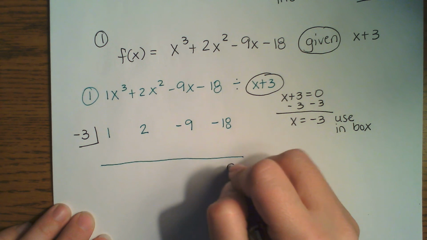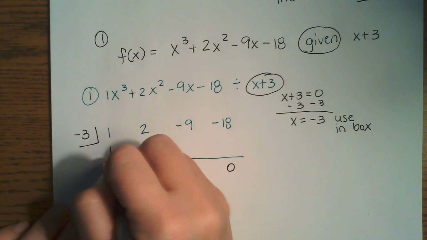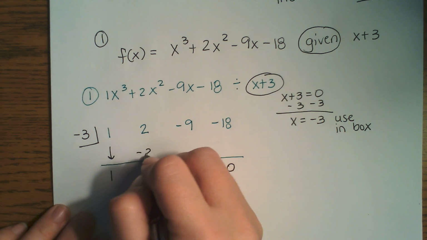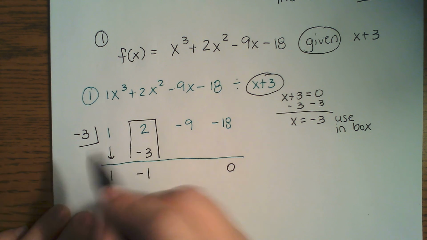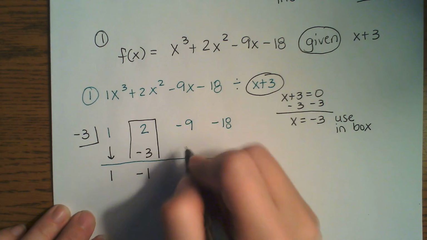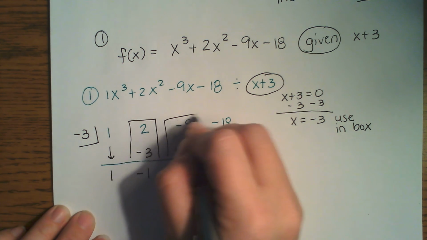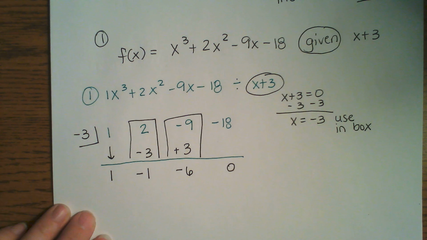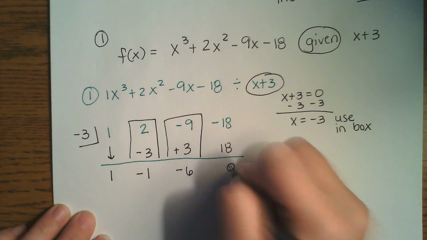I will get a 0 at the end, I already know, because they said given. -3 times 1 is -3. 2 minus 3 is -1. -3 times -1 is +3. -9 plus 3 is -6. -3 times -6 is +18. Happy dance.